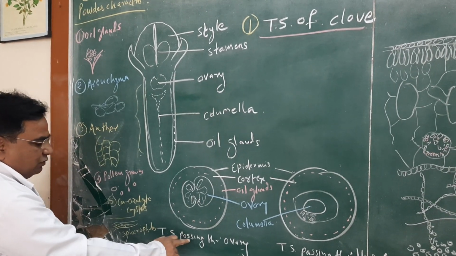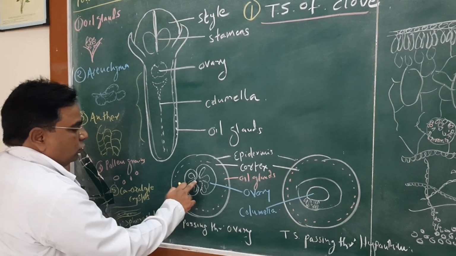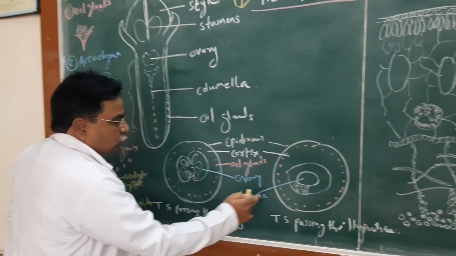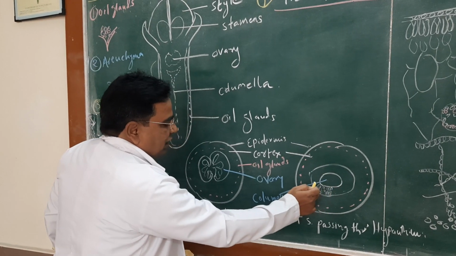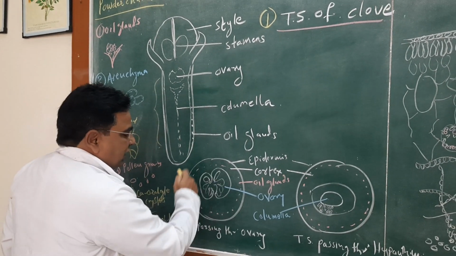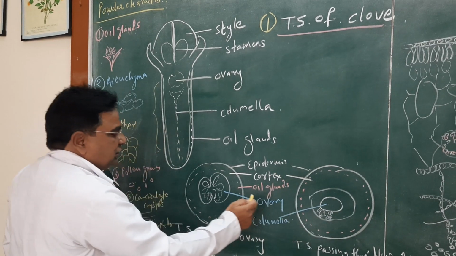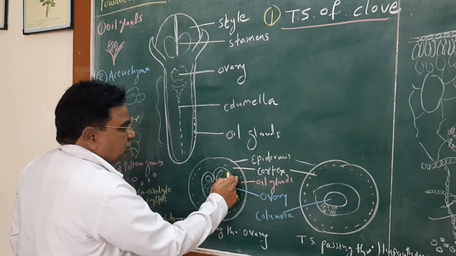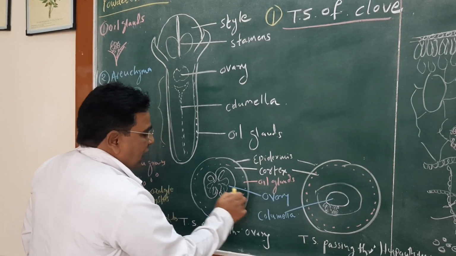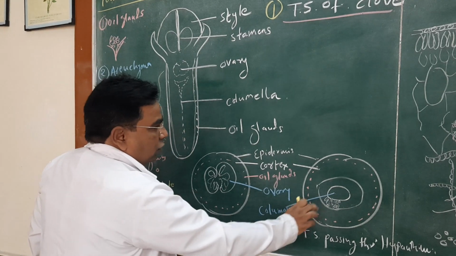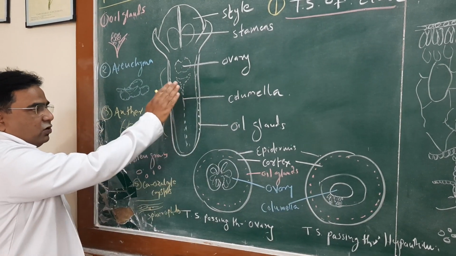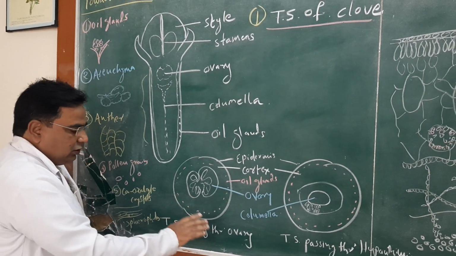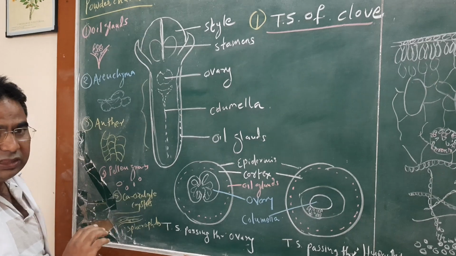If we take the TS passing through the ovary, it shows the ovary at the center, and if we take the TS passing through the hypanthium, it shows the central portion called the columella. The remaining parts of this TS are the same: epidermis, cortex, and oil glands present next to the cortex region, and at the center it is ovary or columella. So this is the overall morphological characters along with the exact difference between the TS passing through the ovary and hypanthium.